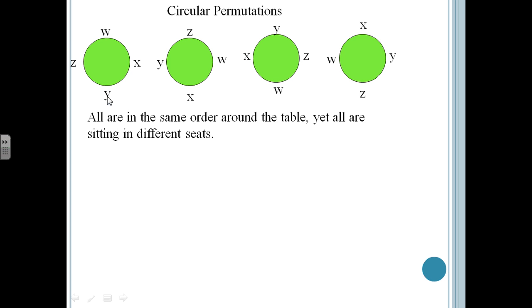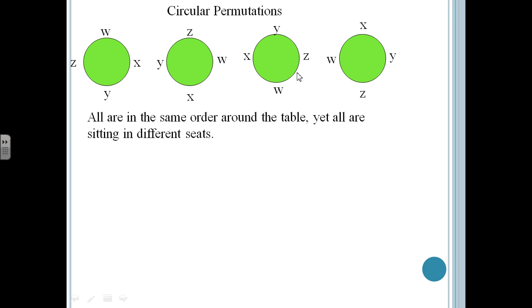So if you look at person Y, Y is in between Z and X, and in fact X is to the right of him and Z is to the left of him. So now we look at person Y over here, and he may have shifted seats, but Z is still to the left and X is still to the right. Same thing over here.